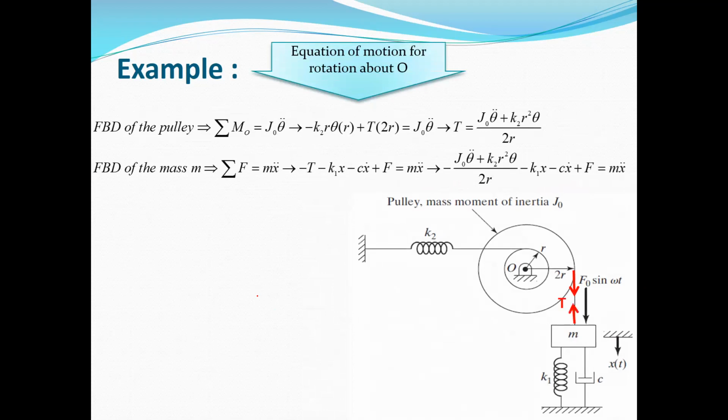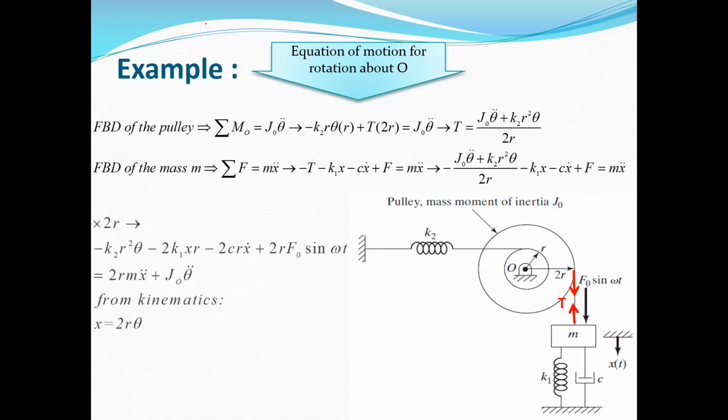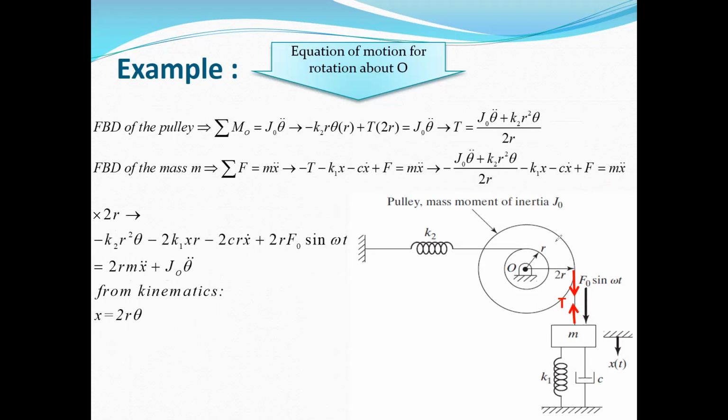If you plot the free body diagram for the pulley and for the mass M, we will have a tension T in these 2 particles. This tension T must be calculated from one equation and then substituted into the second particle to find the equation of motion.